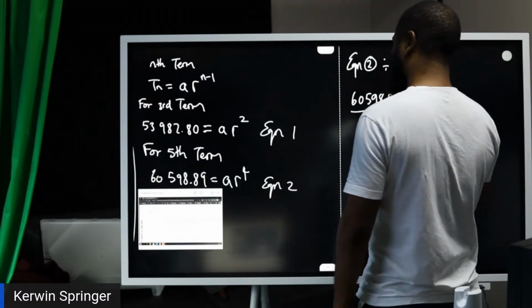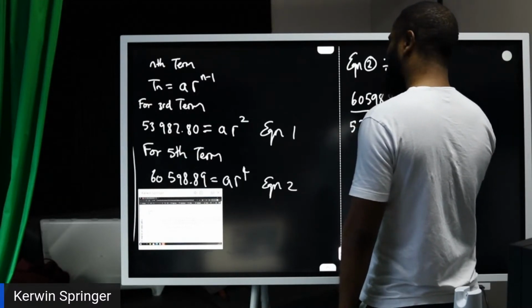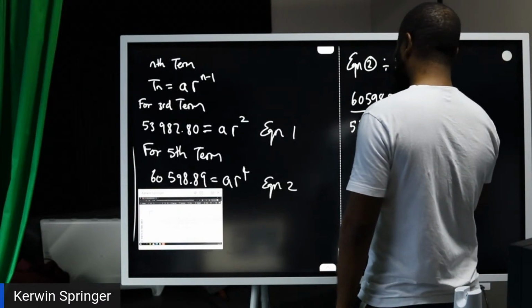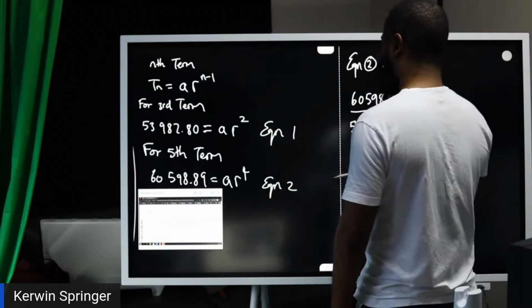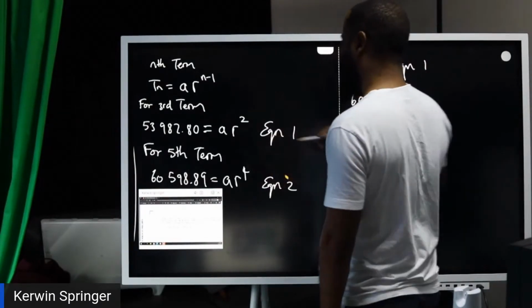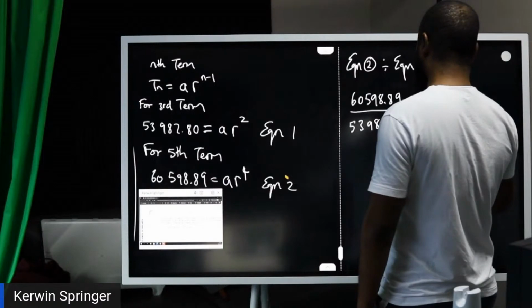60598.89 over, why did they put these weird numbers? 53982.80 is equal to, remember it's equation 2 divided by equation 1, r squared.